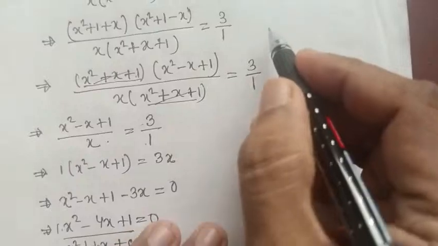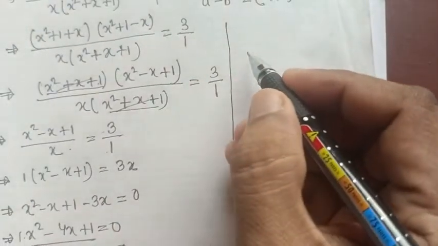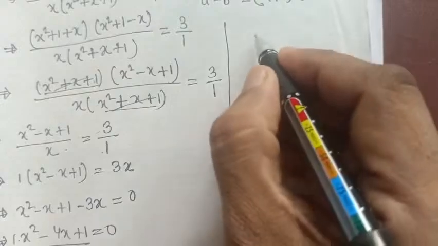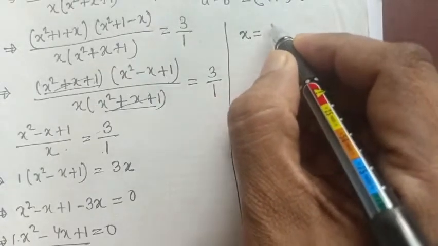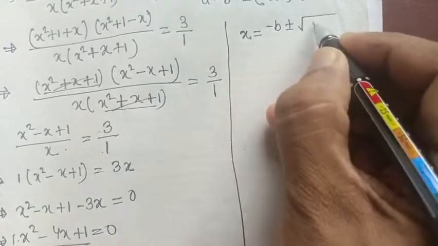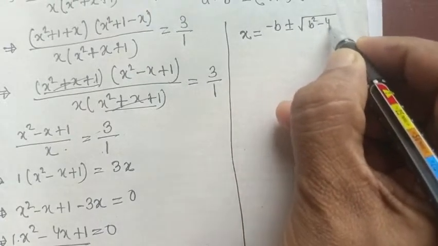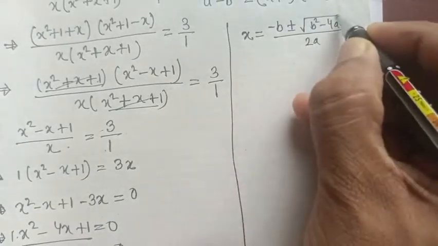Now for a quadratic equation, we get the root of any solution like x equals minus b plus minus root over of b square minus 4ac by 2a.